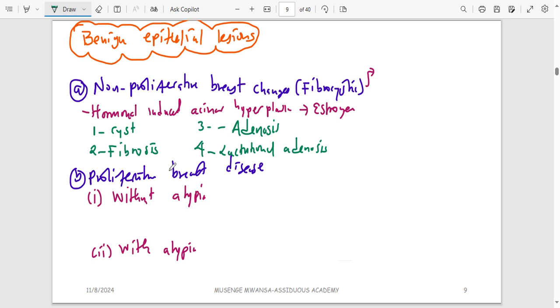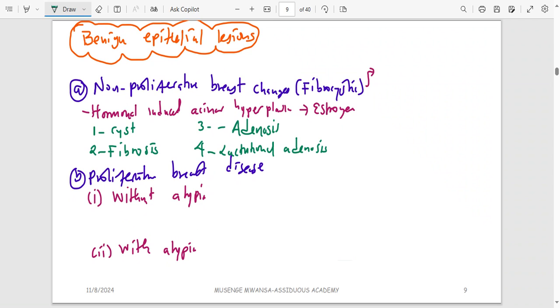Okay. Now we go to the proliferative breast disease. We have got those with atypia and those without atypia. Now, when you're talking about atypia, remember these are proliferative, and you know that cancerous cells do divide, isn't it? So the proliferative breast diseases have got some chance of becoming a cancer later on.